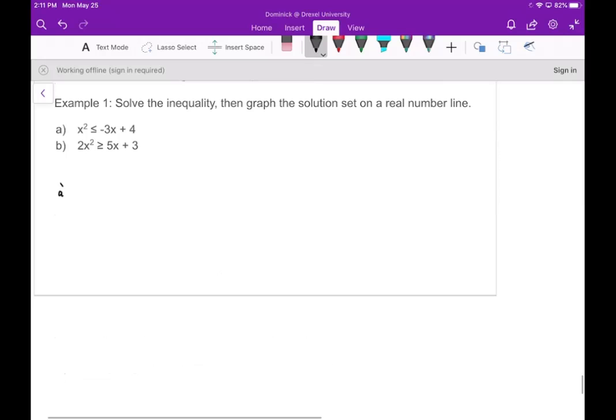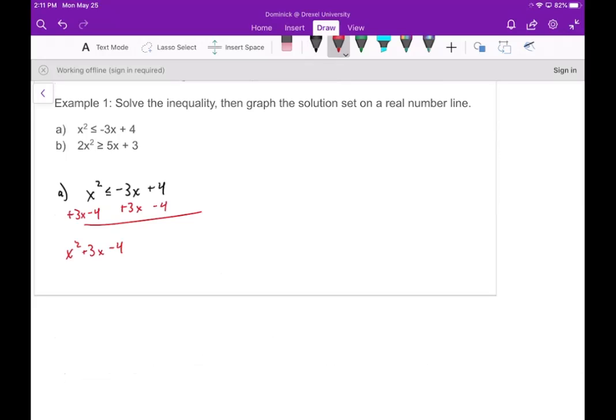So in part A, we want to solve x squared less than or equal to negative 3x plus 4. The first thing I want to do is move everything to one side. So we get x squared plus 3x minus 4 is less than or equal to 0.